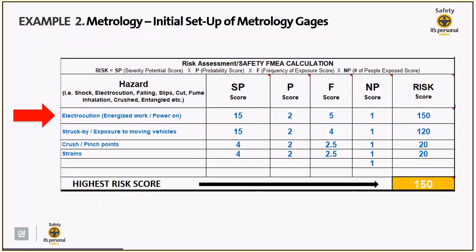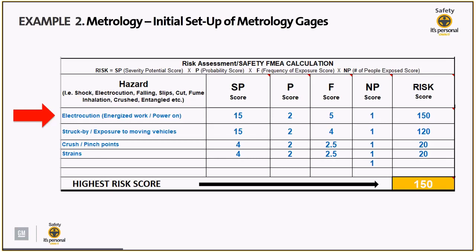All right, so take a look at another example. Let's say a contractor presents to you this information. They're saying, I have a task of setting up metrology gauges, and while doing that, the possible hazards my workers may run into are electrocution, struck by moving vehicles, crushed or pinch point, and strains.